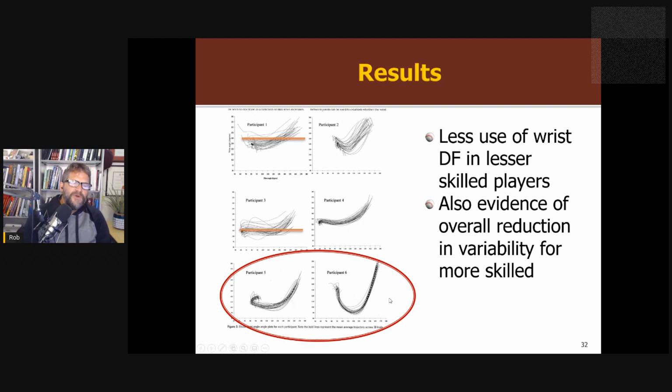But as you get more skilled, you do what Bernstein called freeing degrees of freedom. So things that before were locked and rigid, or taken out of the equation, now you add them back, right? Because it gives you more fine control, allows you to adjust to more conditions, and so on. And you can see that in these graphs. Participants 5 and 6 are getting much more active in their shots, getting much more variation, right?